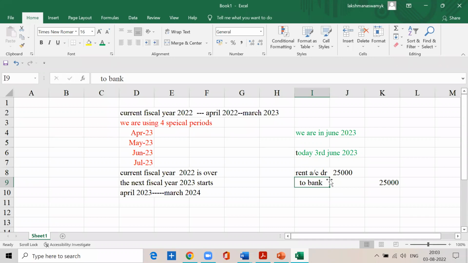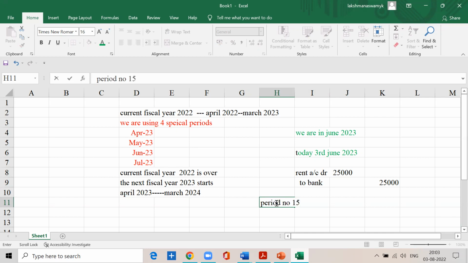Now, my doubt here is, how does the system know whether this business transaction relates to previous fiscal year as an adjustment or to current fiscal year? How does the system understand that?